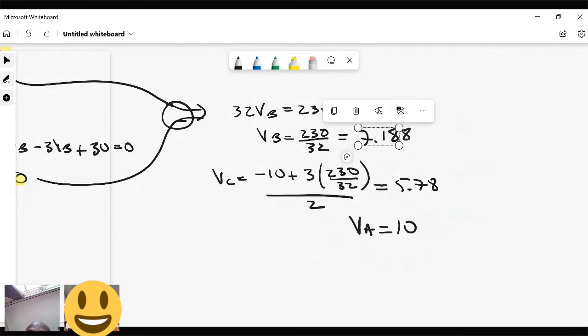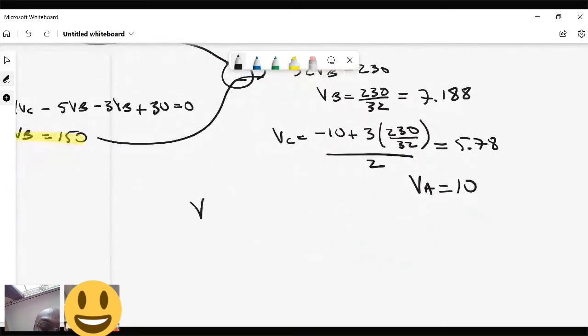All right, whatever, I'll just write it on the side. VA equals 10, VB equals 7.188, and VC equals 5.78.